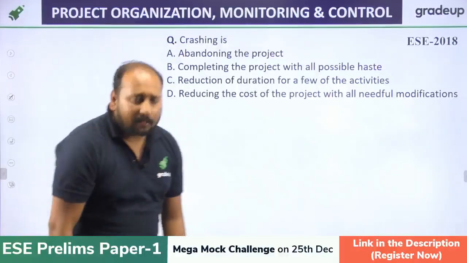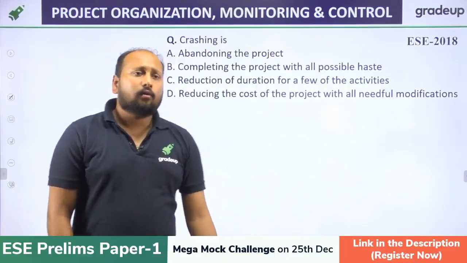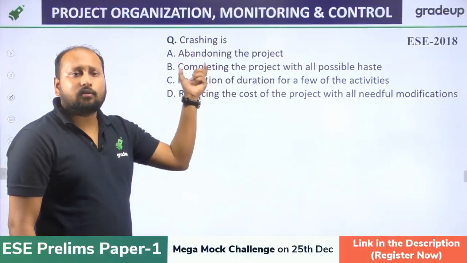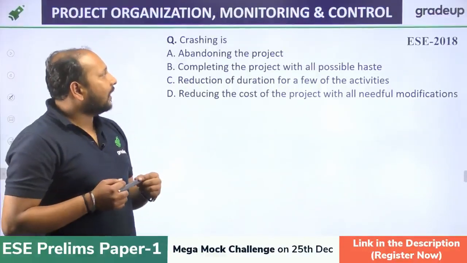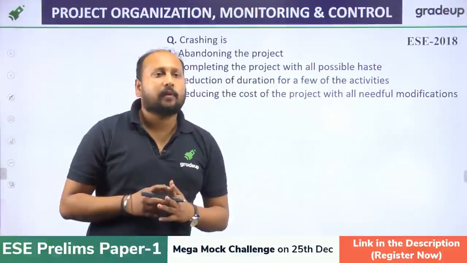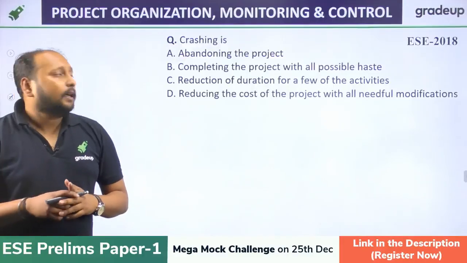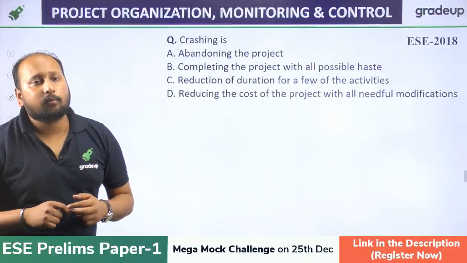Now this question came last year, 2018. I deliberately gave it to you because, similar to crashing, we have understood some of the terms. Crashing is abandoning the project, completing the project with all possible haste, reduction of duration of few activities, reducing the cost of the project with all needful modification.